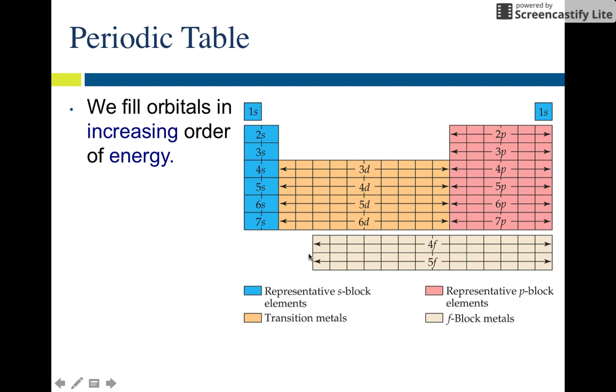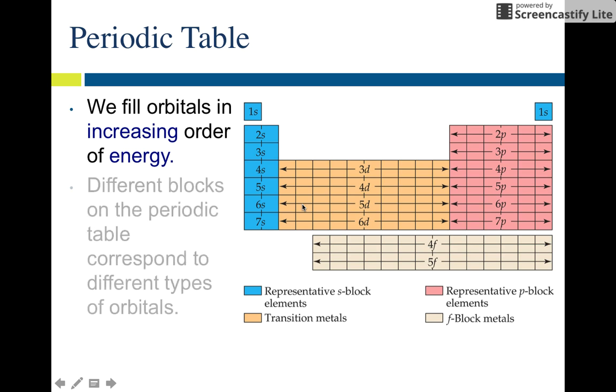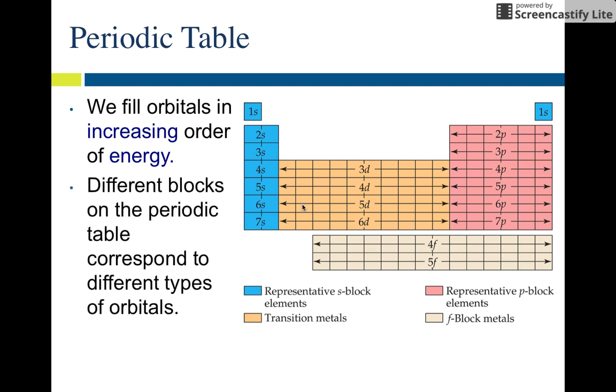Now, the f ones, we kind of put them down below just for convenience of drawing the periodic table. But these two rows actually belong in here between the 6s and the 5d. Conveniently, again, the periodic table can tell you a little bit about what orbitals are being filled by that element.